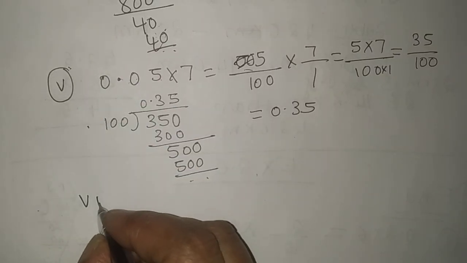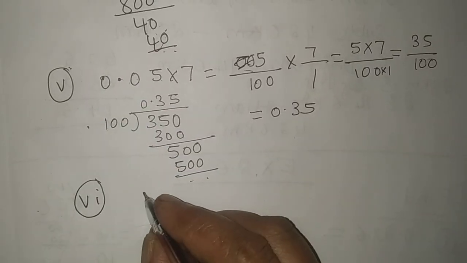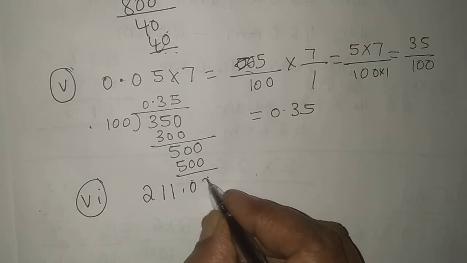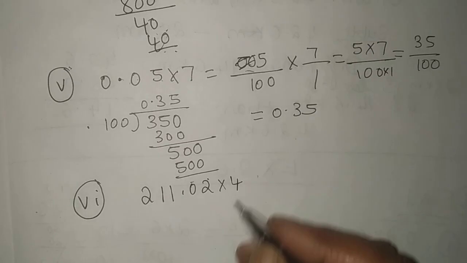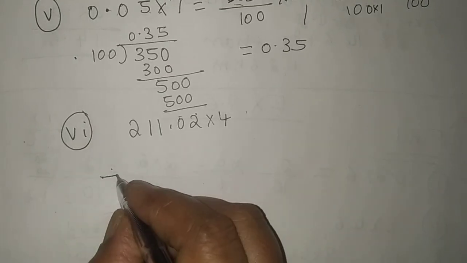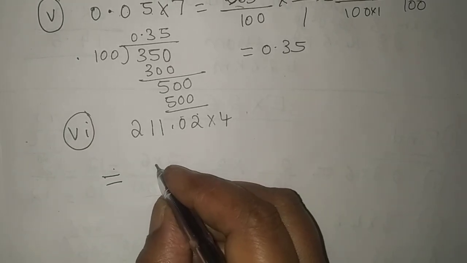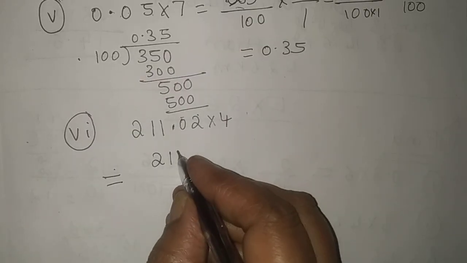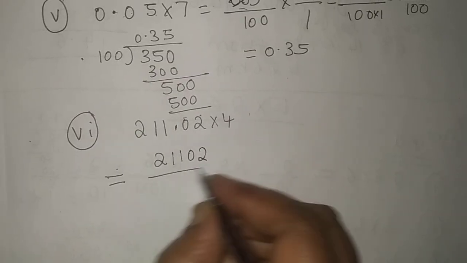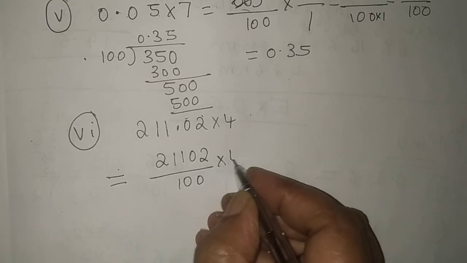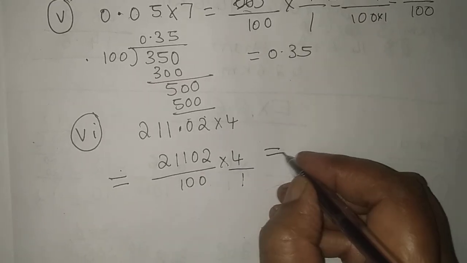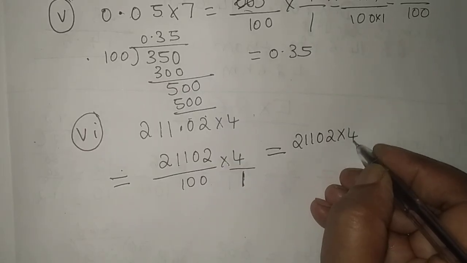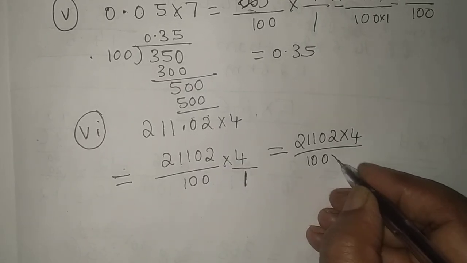So now the sixth one we have 211.02 into 4. There are 2 digits after the decimal point, therefore we have to put 100. 21102 by 100 into 4 by 1, which is 21102 into 4 by 100 into 1.